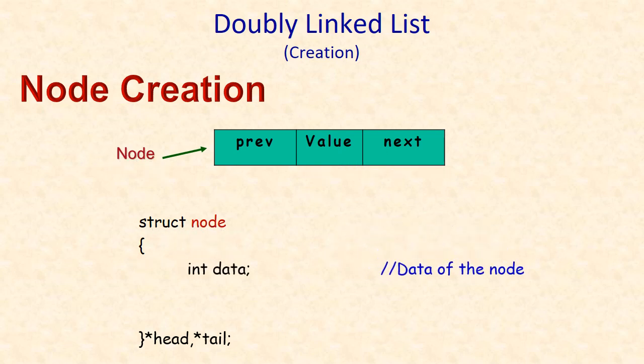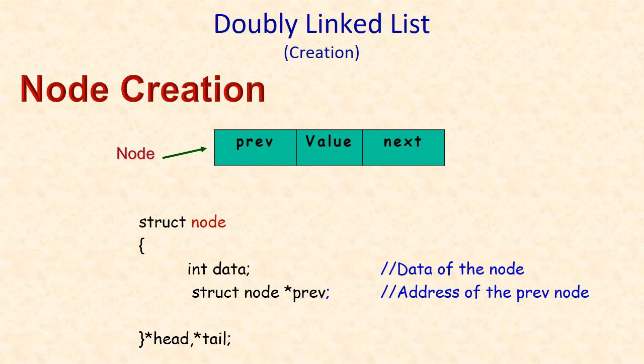Here I have declared a structure, and one member is data to hold the value. I have another pointer, star prev, of the same structure type. So this is a self-referential structure, because this prev, that is previous, will hold the address of the previous node.